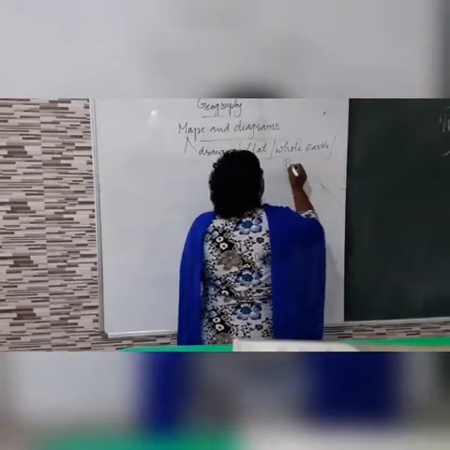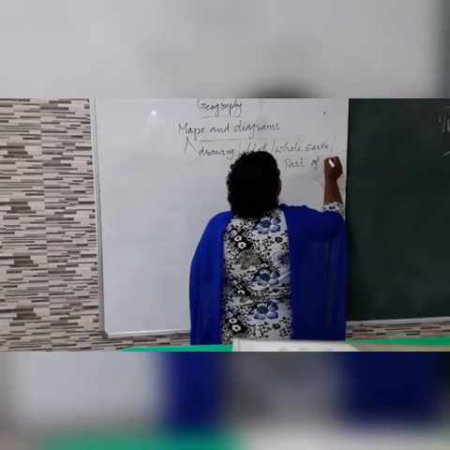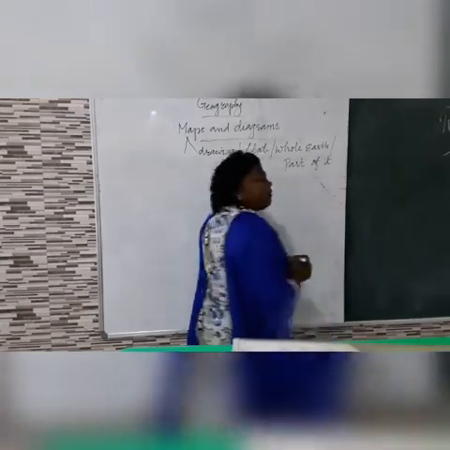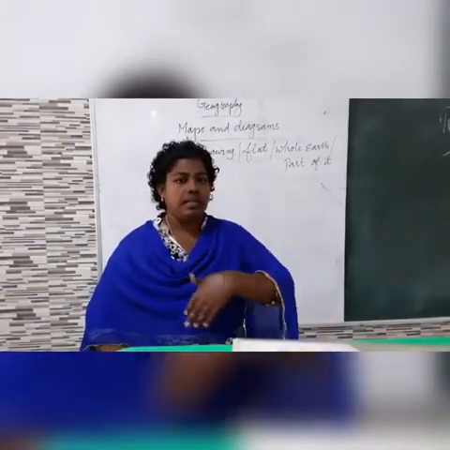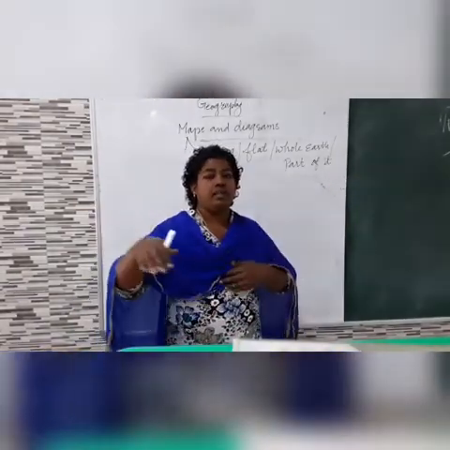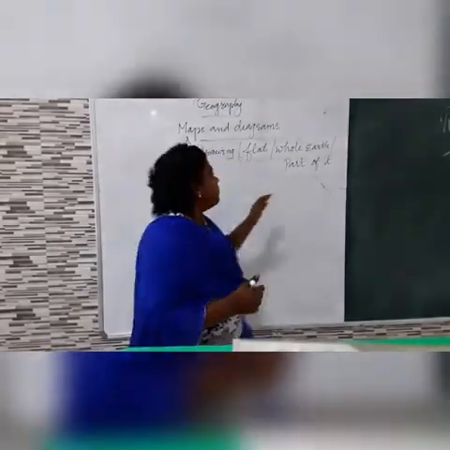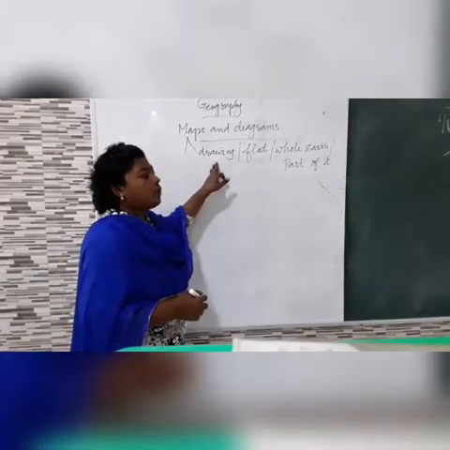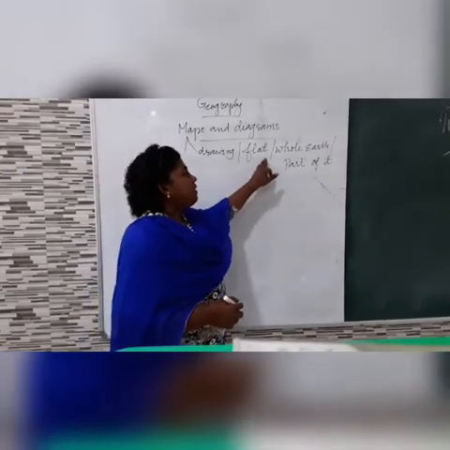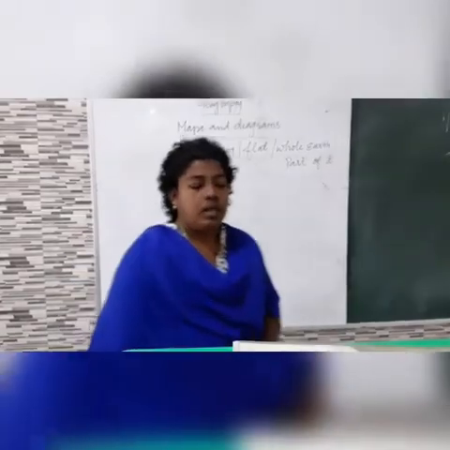Or a part of it. When it is a part, it can be even a hometown, your locality, this Karangal region, Morthandam region, Nagarkoil region, also drawn on a flat surface. So what is a map? A map is a drawing on a flat surface of a whole earth or a part of it.